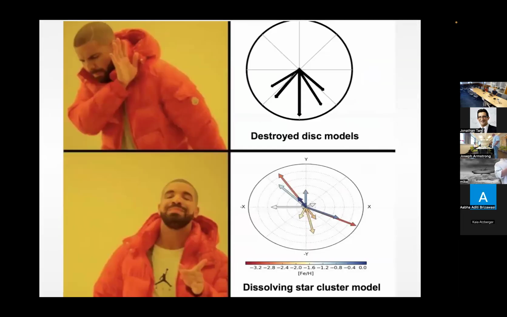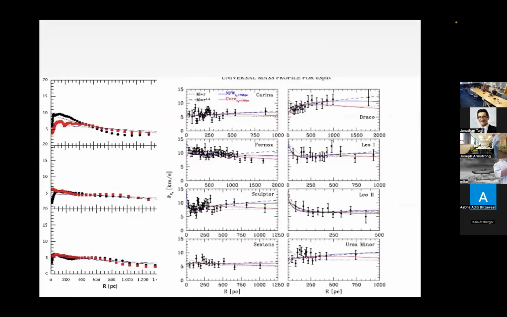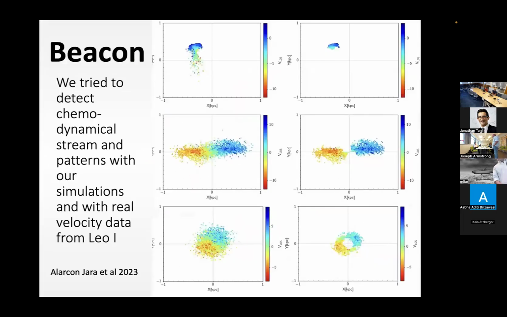So does your simulation take into account that, if they are orbiting with some radial velocity, the radial velocity decreases with time?